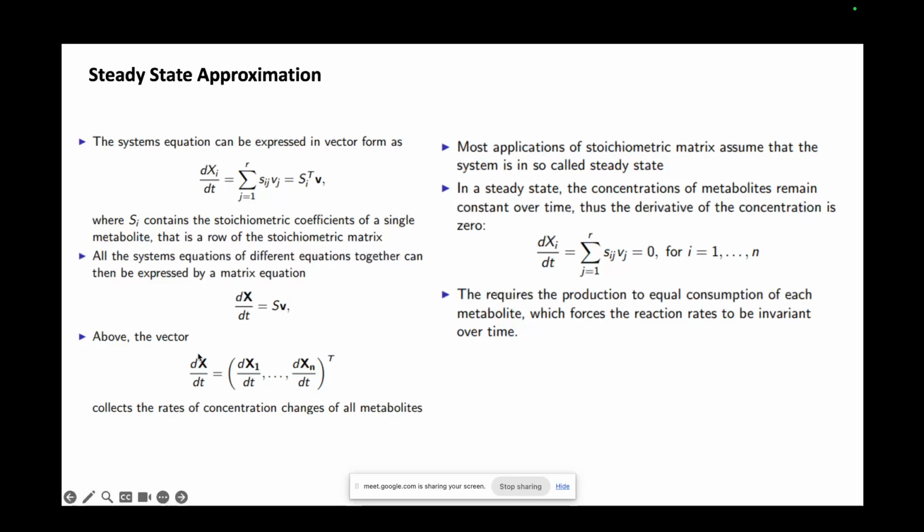Now when you're considering an individual dx/dt, that is one single metabolite. There will be n of these metabolites, so you need to consider all of them. So dx/dt is not a single entity, it also becomes a vector, each element denoting dx1/dt, dx2/dt, dx3/dt up till dxn/dt. On the left hand side you have a vector of these differentials of your metabolites.